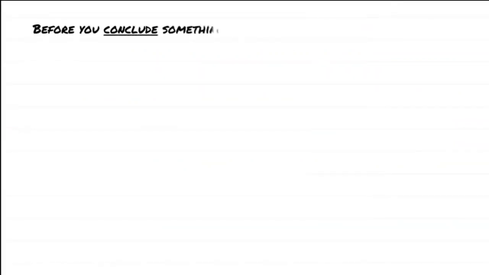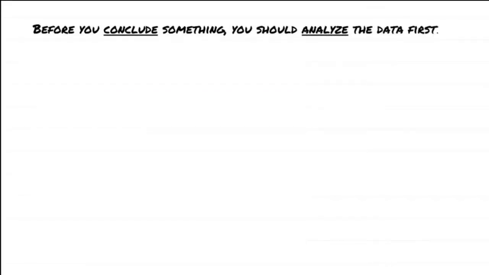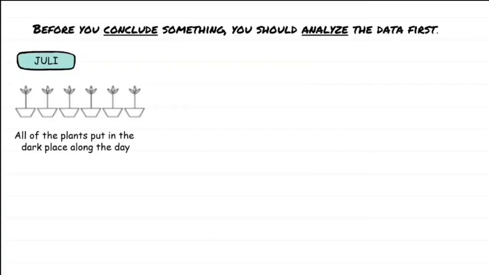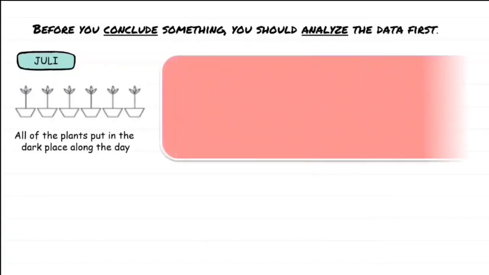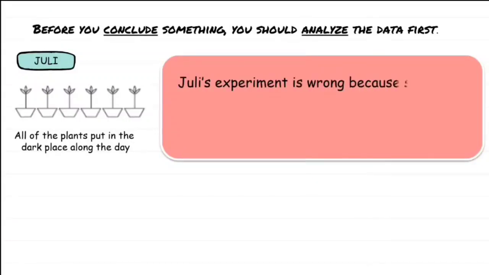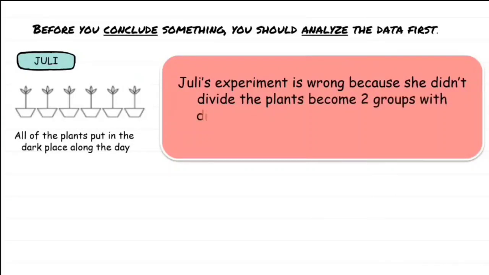Before you conclude something, you should analyze the data first. Look at Julie's experiment. Julie's experiment is wrong because she didn't divide the plants into two groups with different treatment.